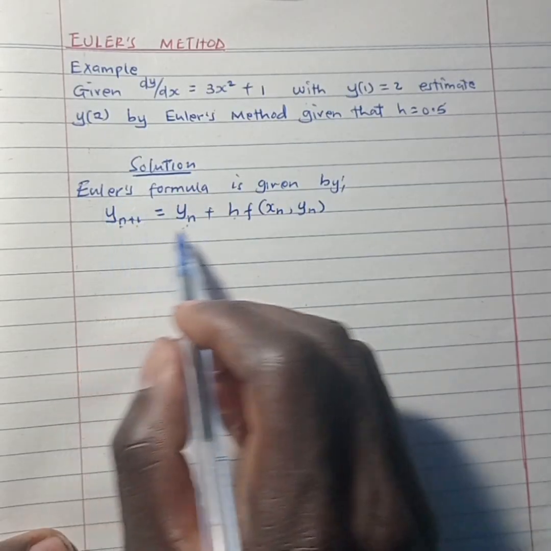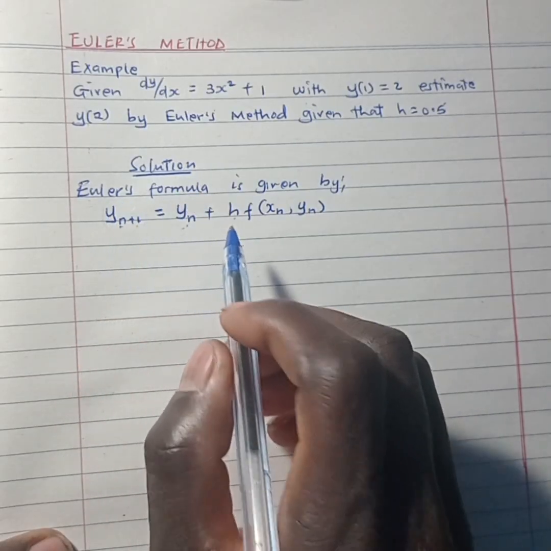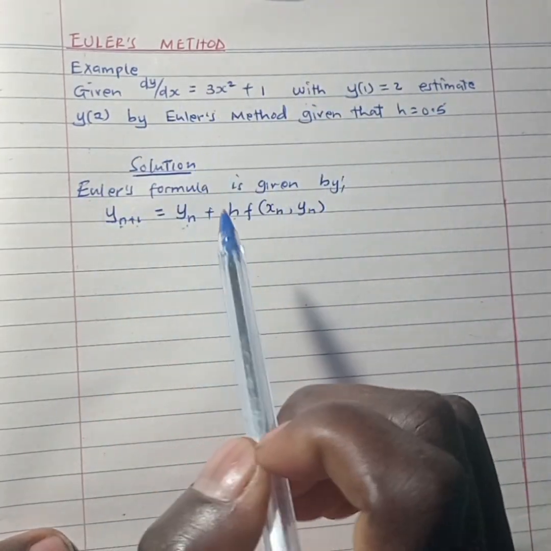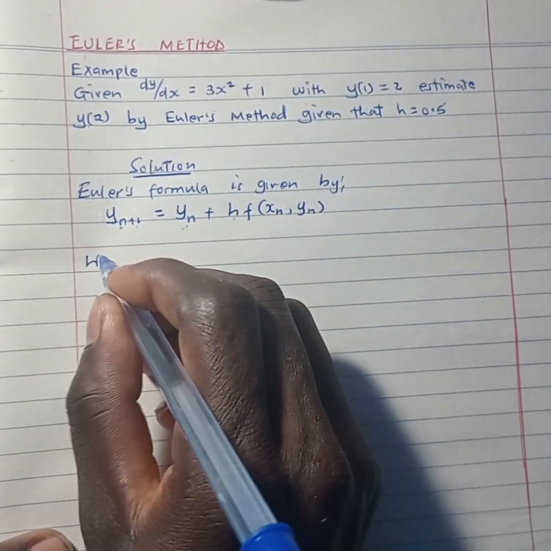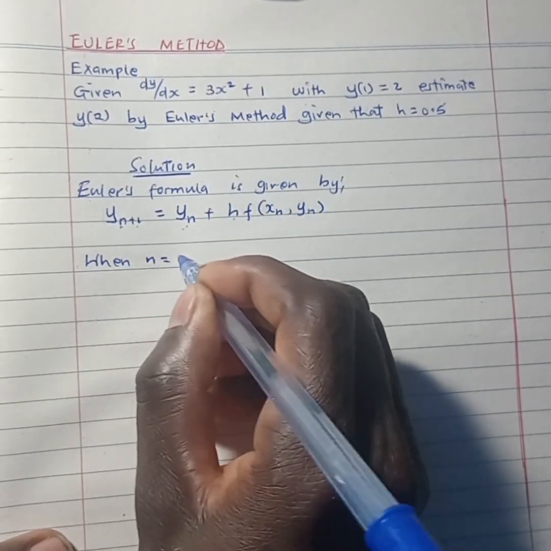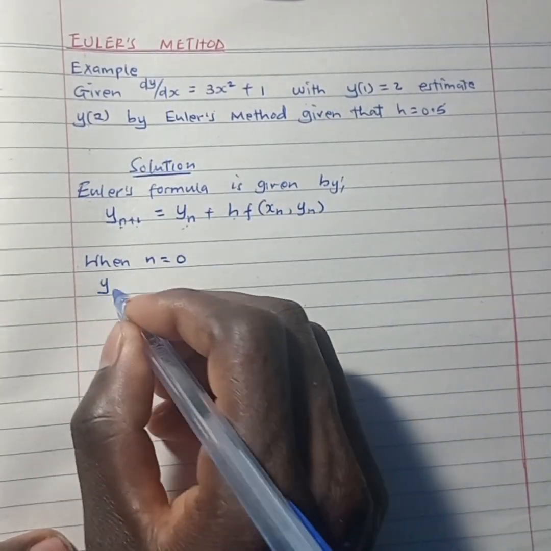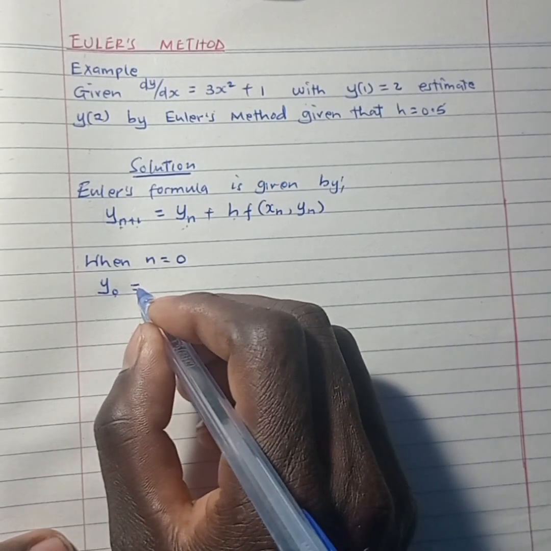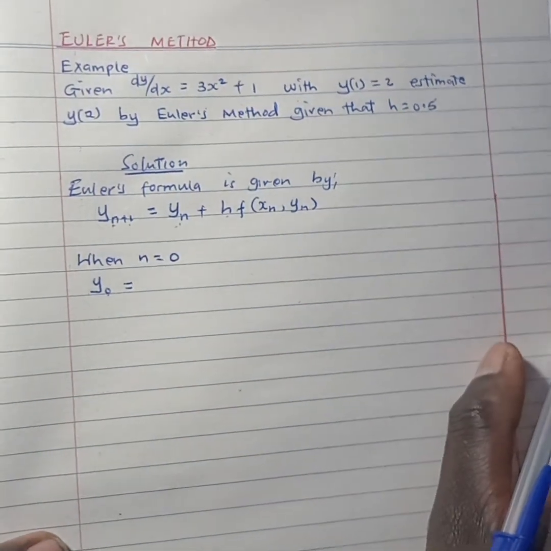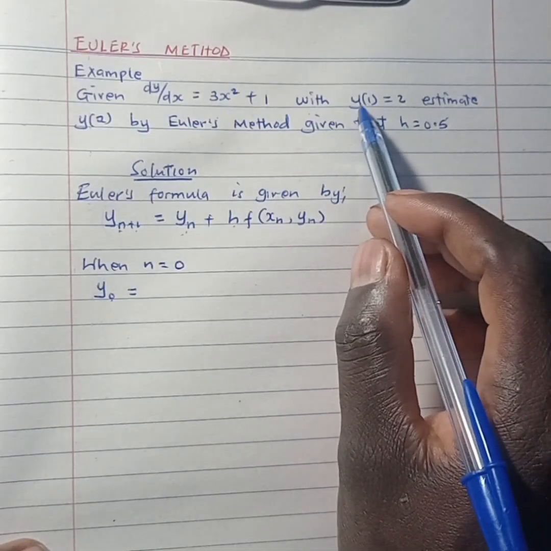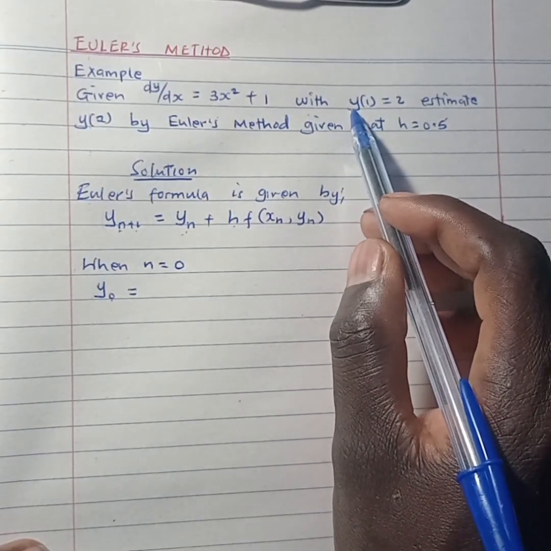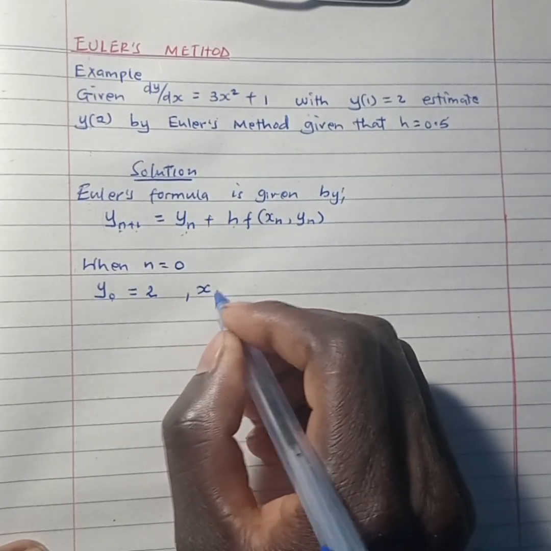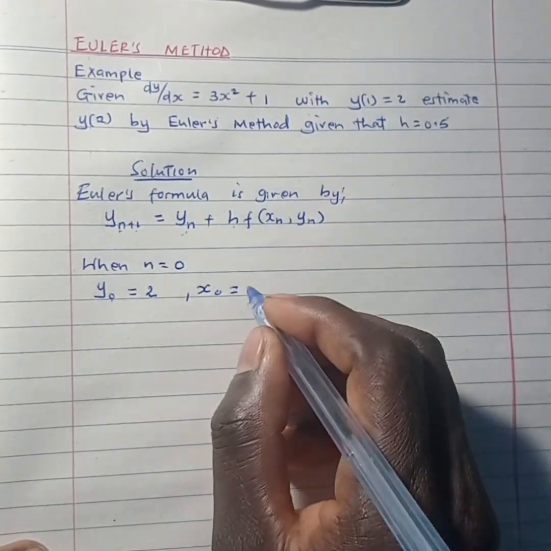Before we substitute into this formula, we need to highlight, first of all, the variables provided from the question for easy substitution. We set n to be 0. This means that y naught, y sub n when n is 0, is according to our question, 2. This means that our x naught shall be equal to 1.